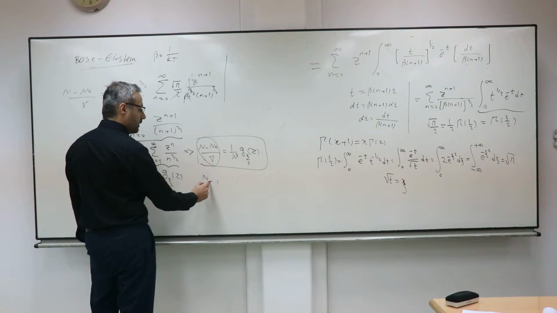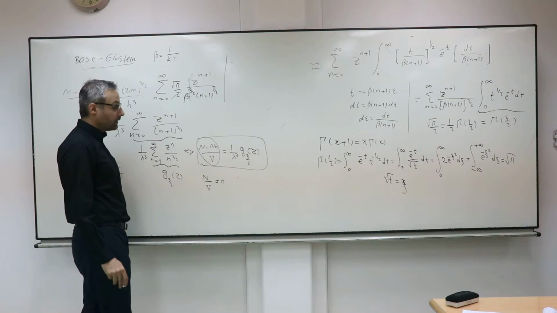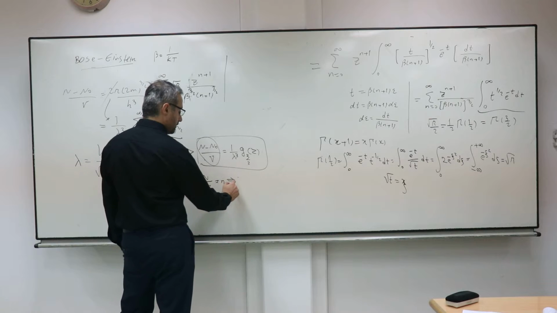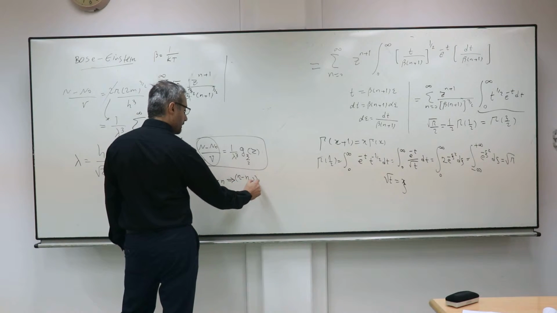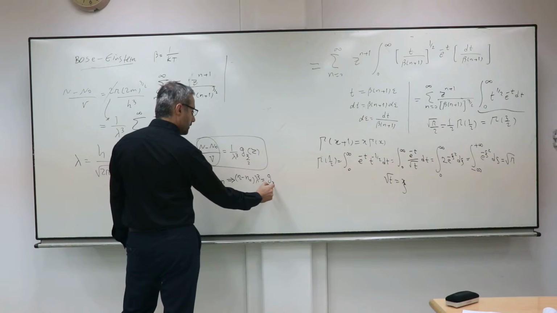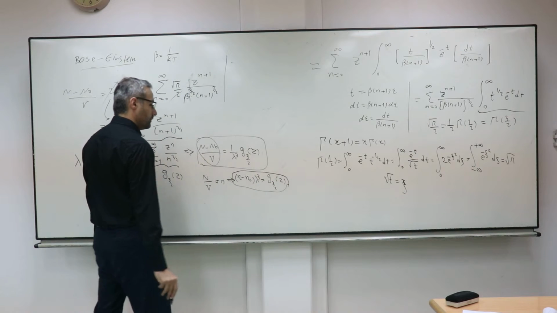N over V we normally write as the number density. So this is actually n minus n0 equals lambda cubed g 3 over 2 of z. Another form of this equation.